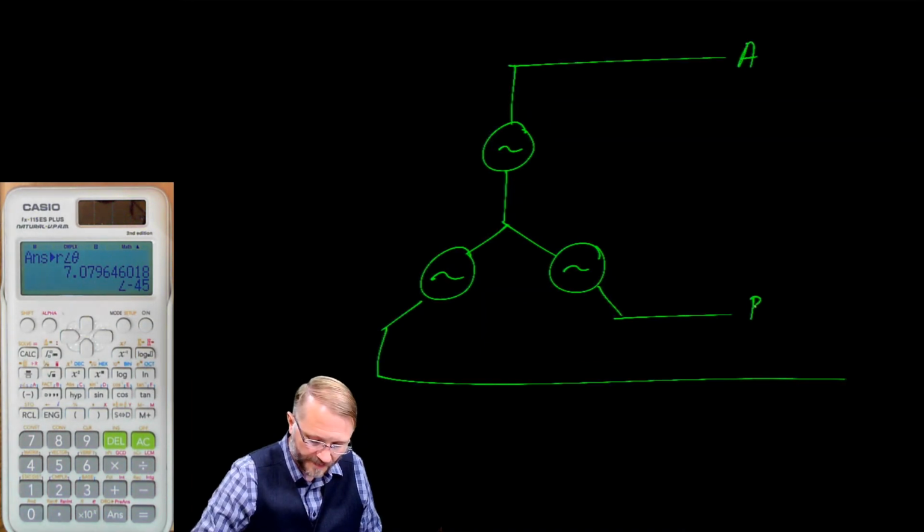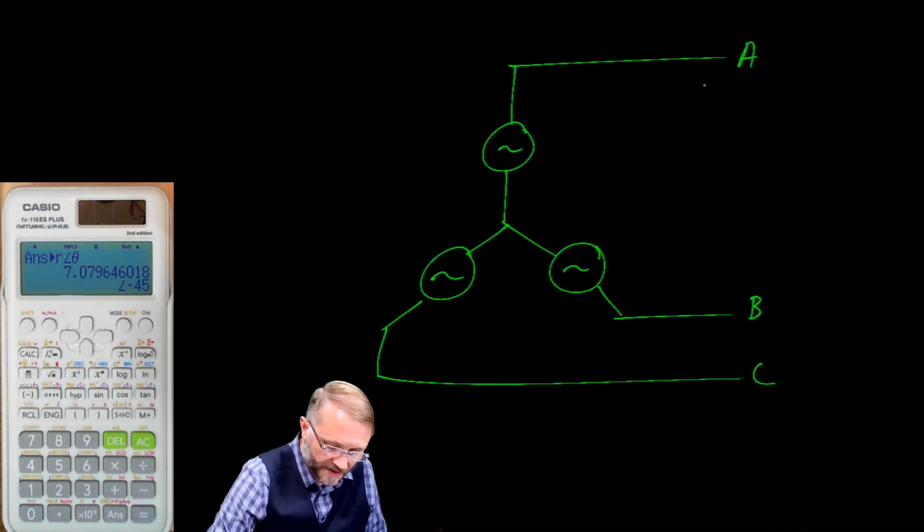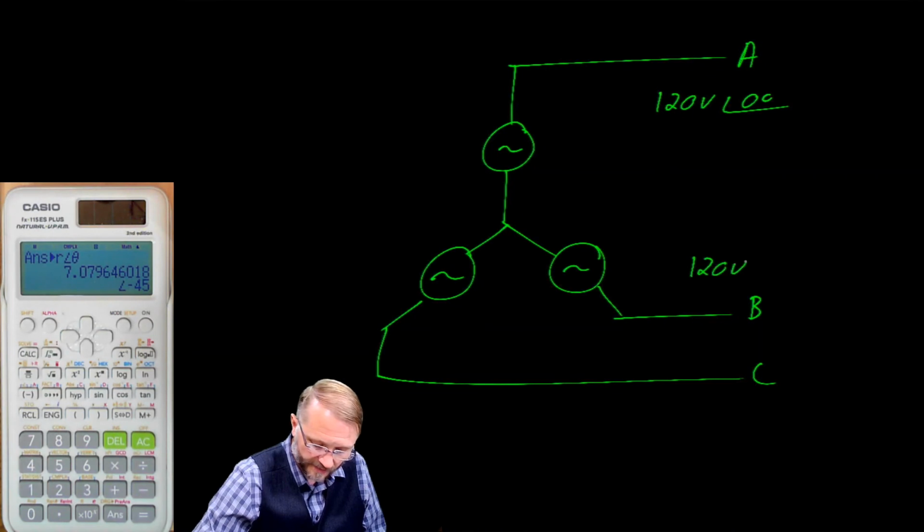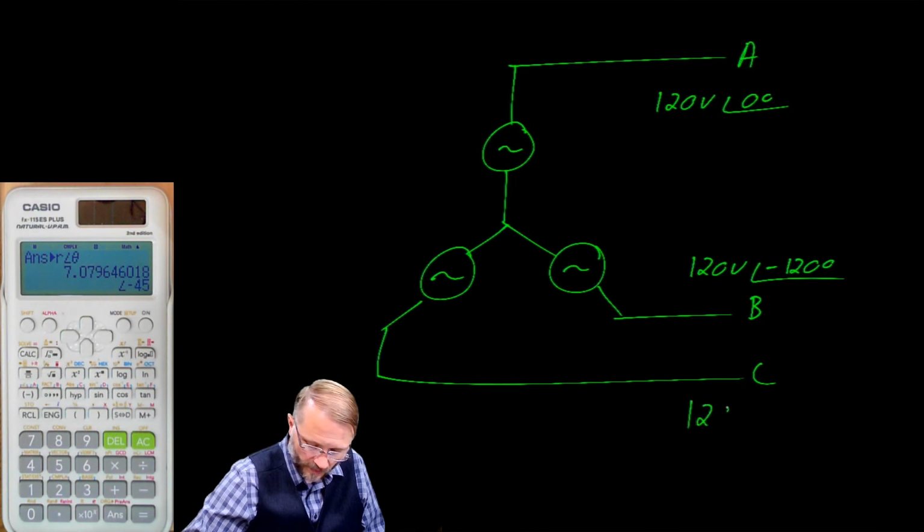Phase A, phase B, and phase C, where this, for example, in our building, is 120 volts at a phase angle of 0 degrees. The B phase is 120 volts at a phase angle of negative 120 degrees. And phase C, 120 volts at a phase angle of negative 240 degrees.